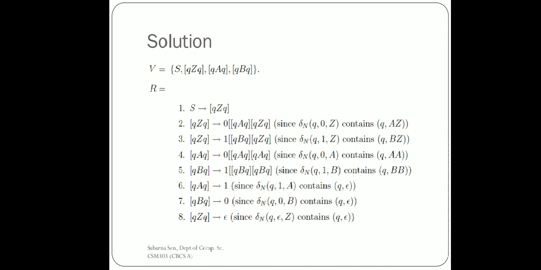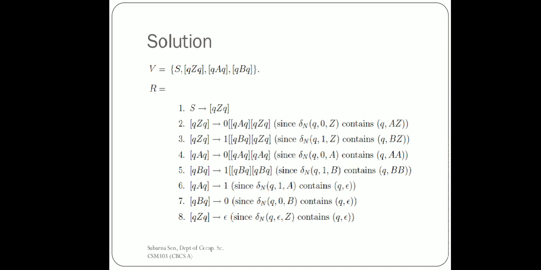So first, say we are fed with 0, and we have QZQ with us. So we are feeding 0 to it. If you consult the previous diagram, you can see that for 0 and Z, it will generate the output written in brackets. For the transition Q0Z, our output is QAZ.